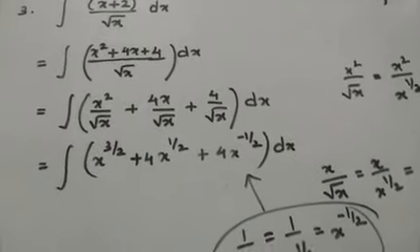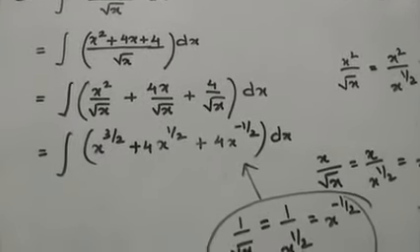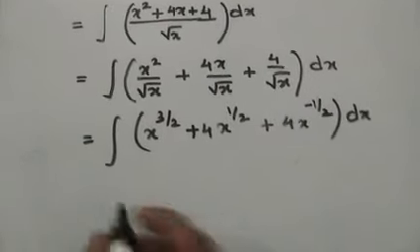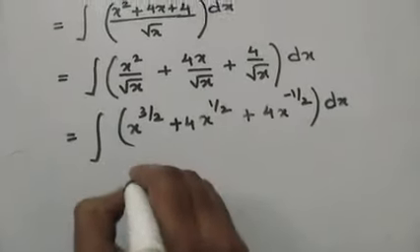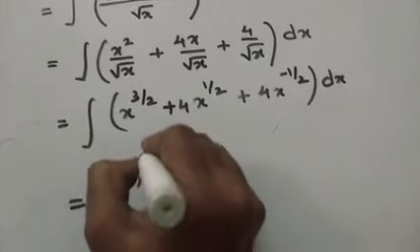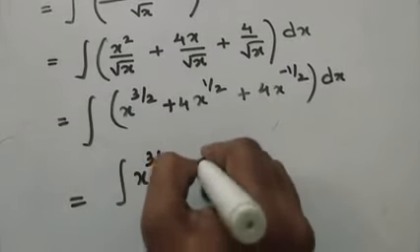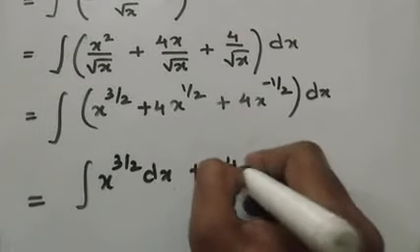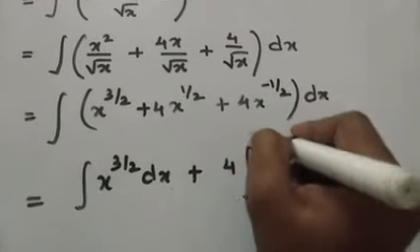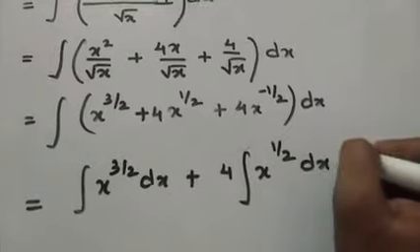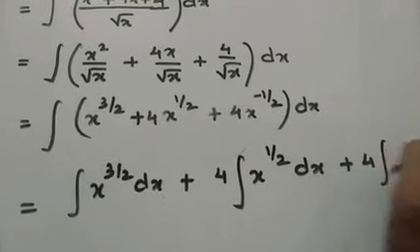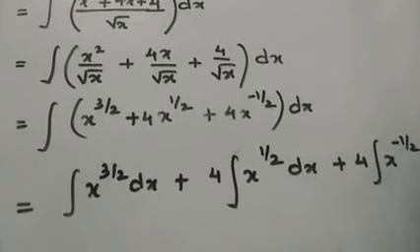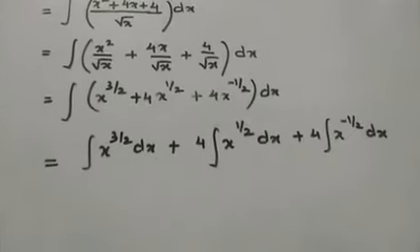Okay, now I will simply integrate them. So now let us separate them. There is integration over x to the power 3 by 2 dx plus 4 is a constant, we can take 4 out of the integration, x to the power half dx plus 4 integration over x to the power minus half dx.